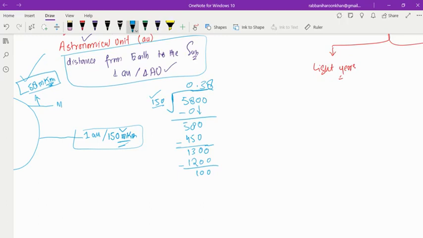Okay, so in this way we can again get 0 and then 0, so it has to be 6, so 150 times 6 goes to 900, and that is perfect.